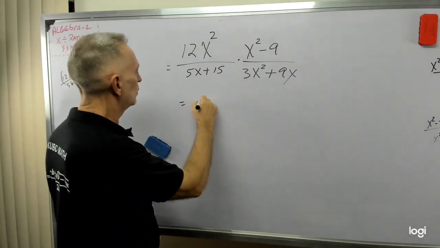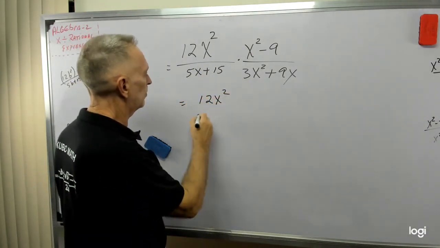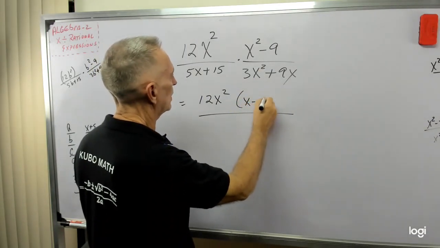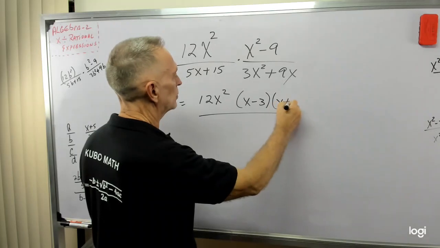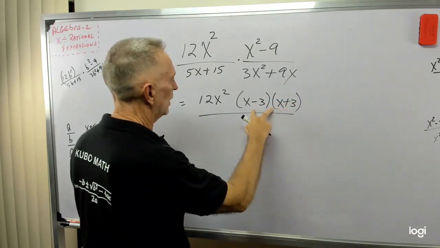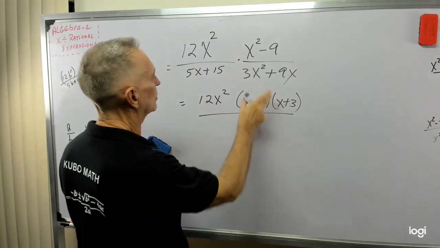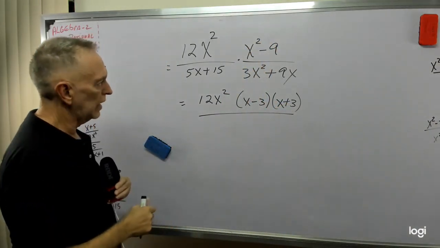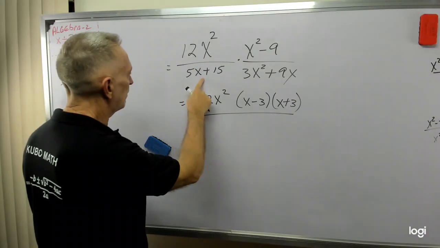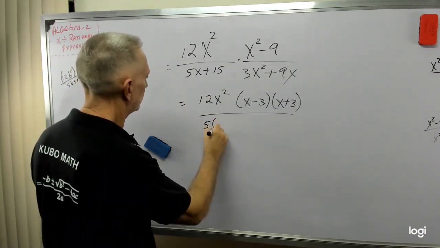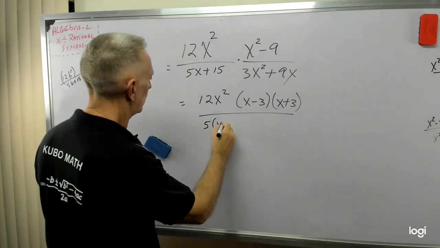So I have 12x to the second power times x minus 3 times x plus 3. So x squared minus 3x plus 3x minus 9, so x squared minus 9. So that works. Let me factor the 5 out of this: 5 times x plus 3.